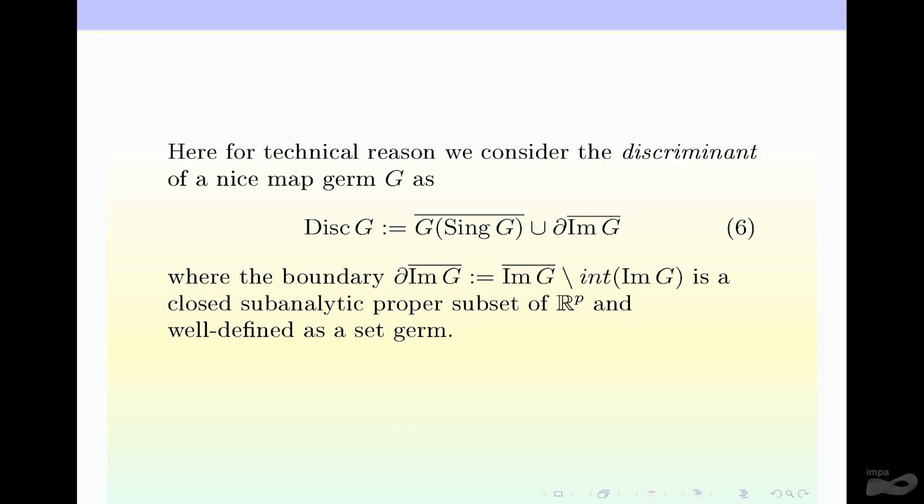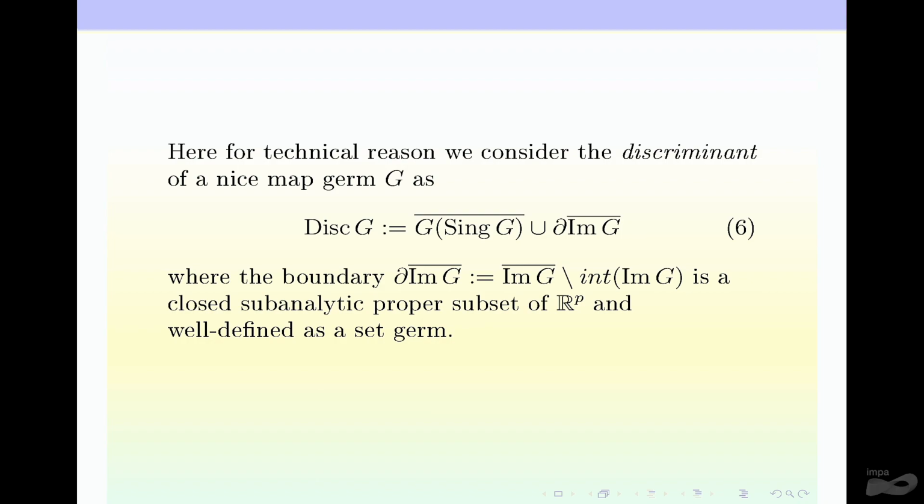for technical reasons, we now consider the discriminant set of a nice map in this way. So now we take the closure, the topological closure of the, let's say, canonical discriminant set, and also take the union of the boundary of the topological closure of the image. Of course, such a set here may not be defined as a germ of set at the origin.